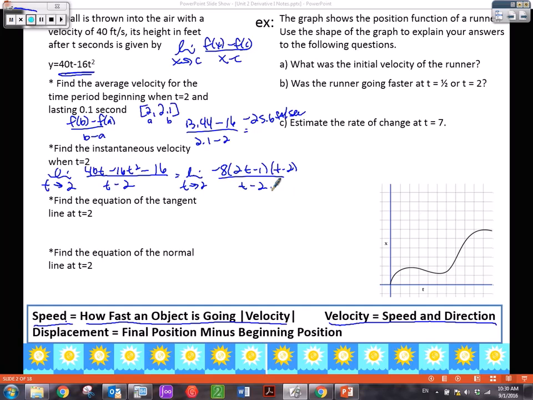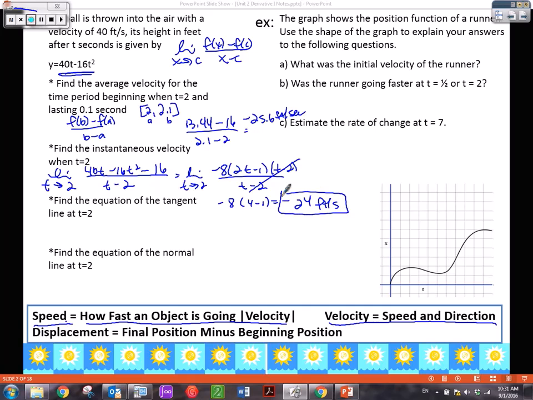We can see right there that we can cancel out the t minus 2's, and then I can simply substitute the 2 into my limit and get my answer. So I put a 2 in here, I get negative 8 times 4 minus 1, or negative 24. So negative 24, and my units are feet per second.